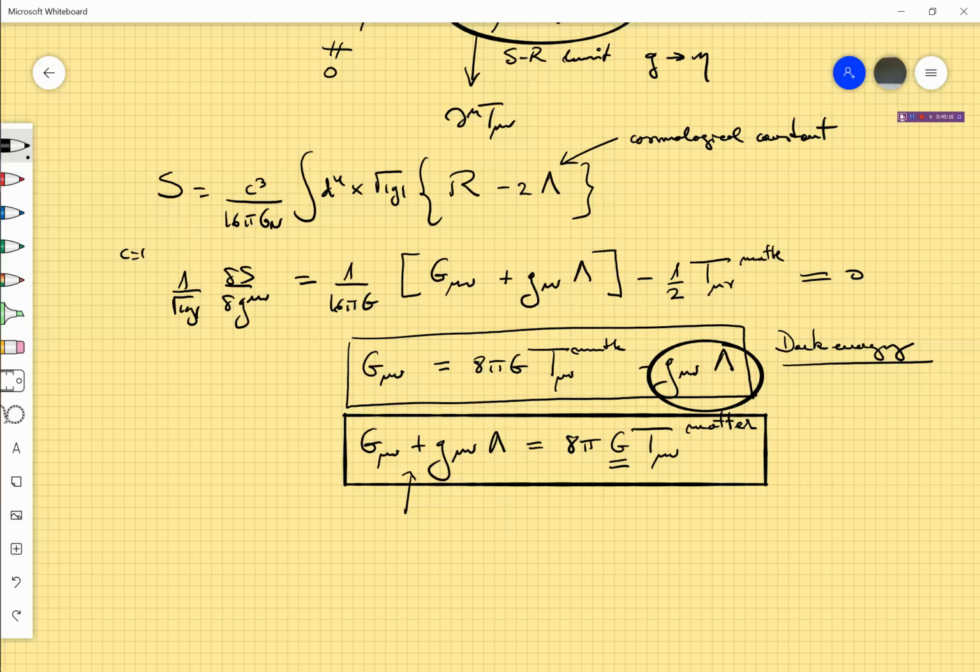Okay. If you think of lambda in this way, then you will spend a lot of time finding candidates that you can understand in some way as energy whose contribution is identical to this lambda or similar in some time of the universe.